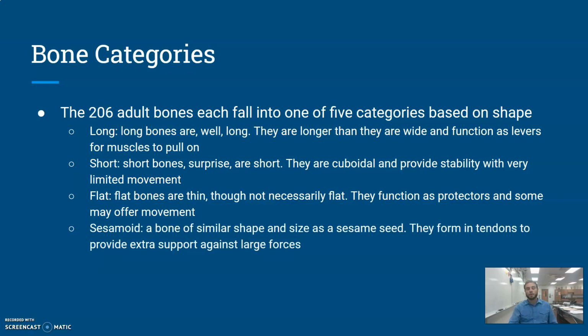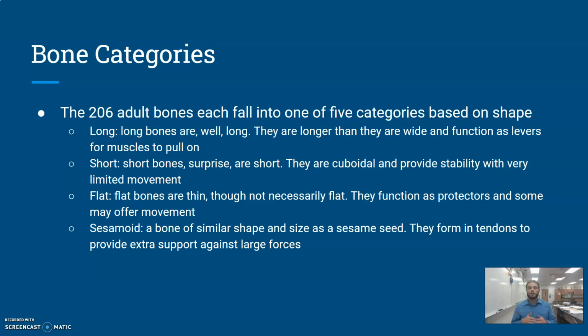Your sesamoid bones, these are going to be really, really tiny. They're called sesamoid because they remind the people that first saw them of sesame seeds. So really, really tiny bones. These are the type of bones that people are going to have different numbers of bones based on how many sesamoid bones they have.